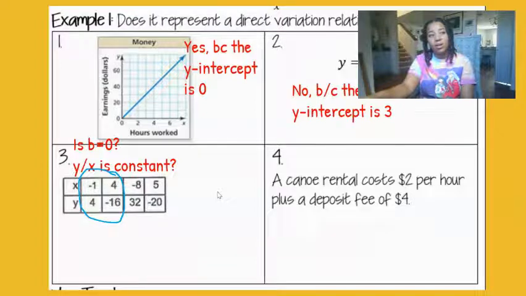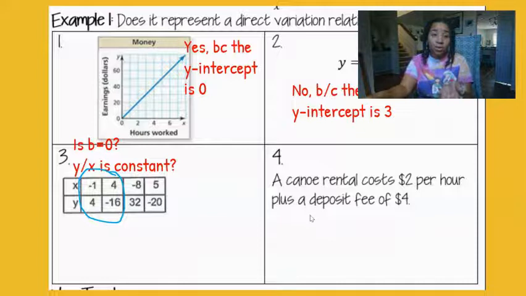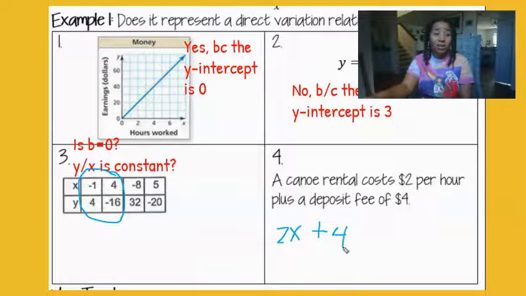All right, a canoe rental costs $2 per hour plus a deposit of $4. So we have a canoe rental that's $2 per hour, so we're going to put 2x. And then the deposit is $4. So no matter what, you're putting that deposit down for $4.